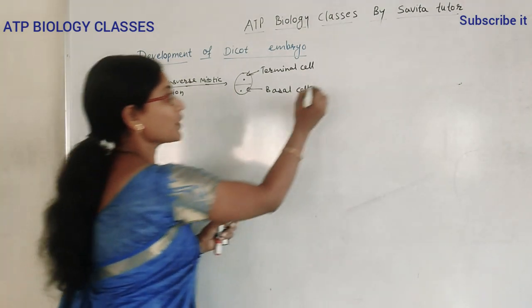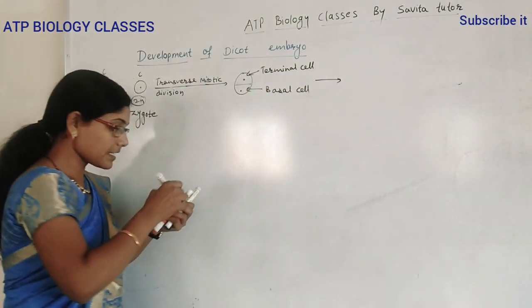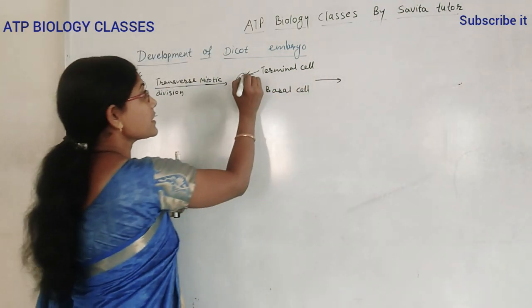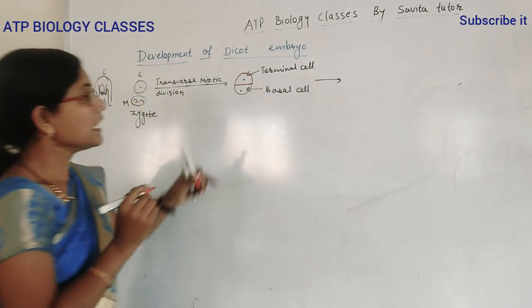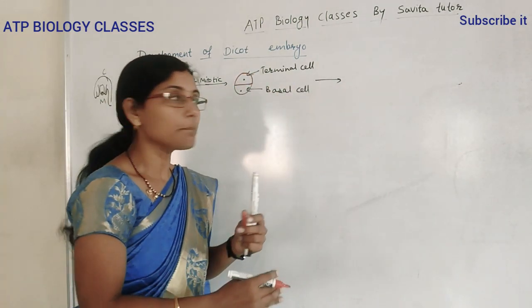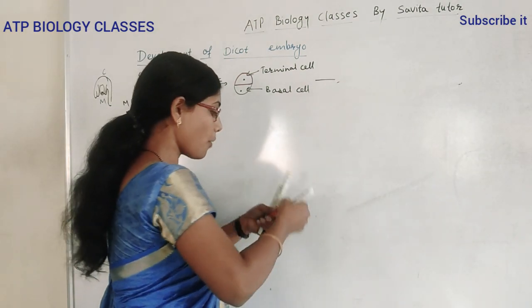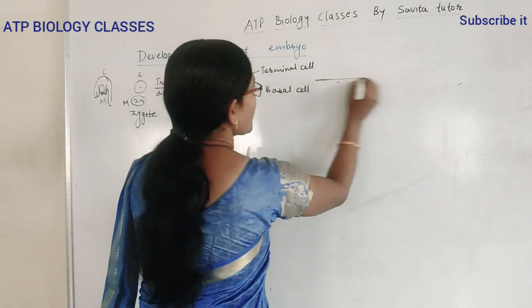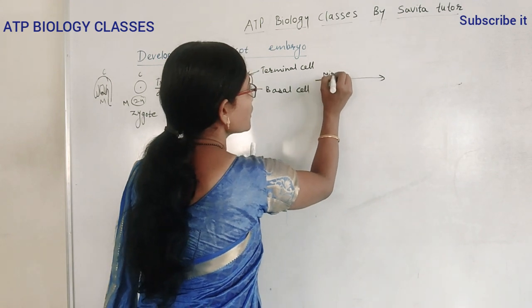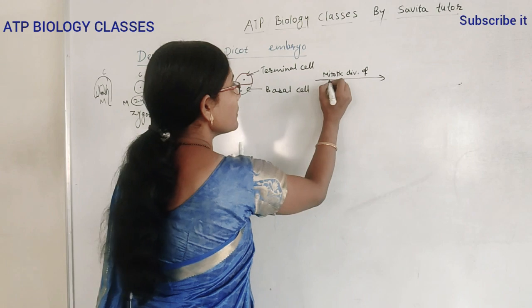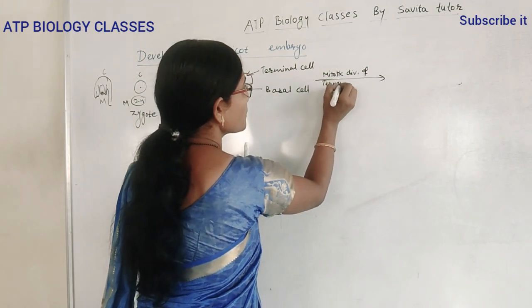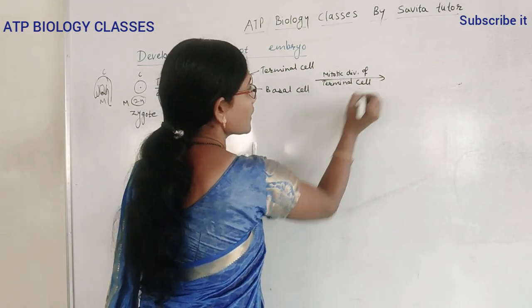Now what happens with these two cells? This terminal cell, I am drawing it with the red color. This terminal cell will divide mitotically again further to form a mass of cells. Mitotic division of terminal cell, right?